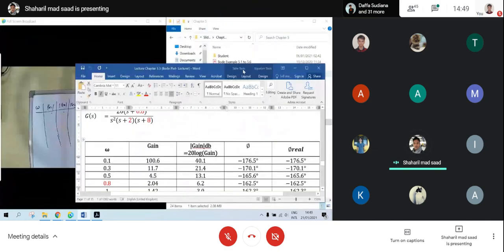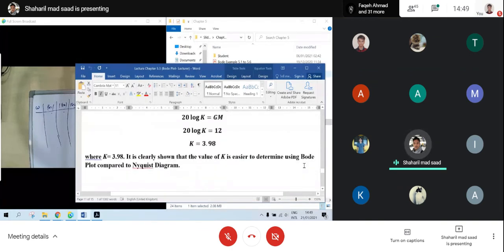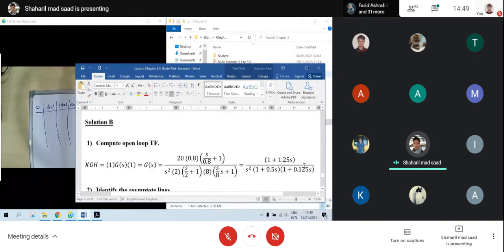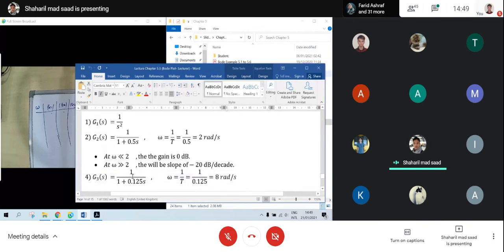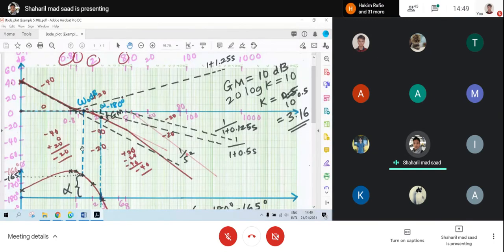You just need to find these 4 parameters. Other lecturers also teach how to use the asymptote line, so then you need to draw the asymptote line, and so on.